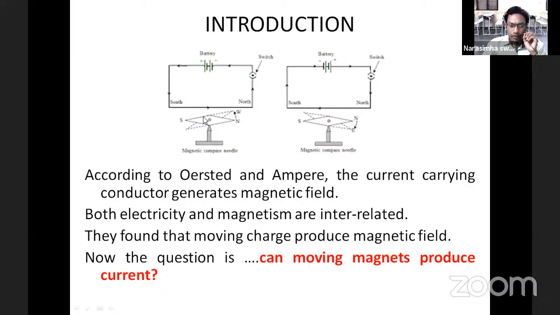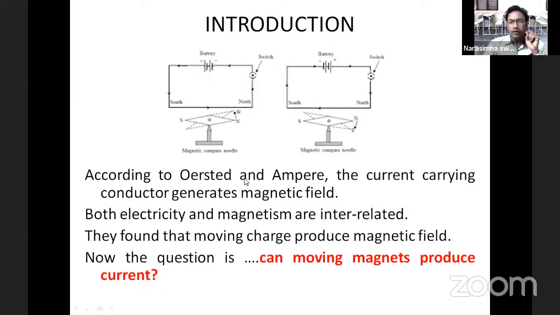Right? So I am repeating, due to the current which is flowing through the circuit or conductor, a magnetic field will be generated. And due to that magnetic field, this magnetic needle shows deflection. This was explained by Oersted and Ampere, and we studied the Oersted experiment also.